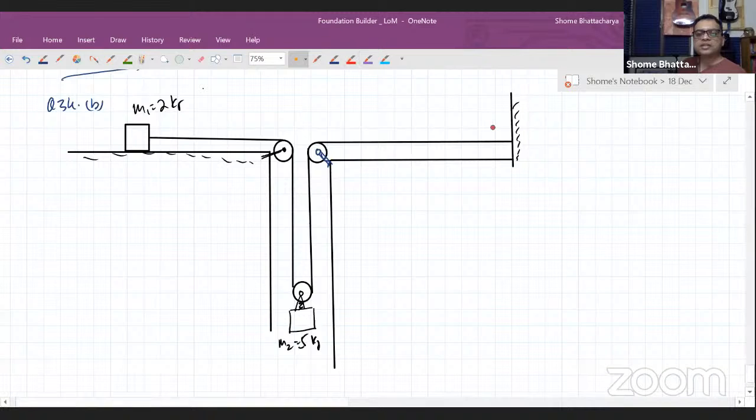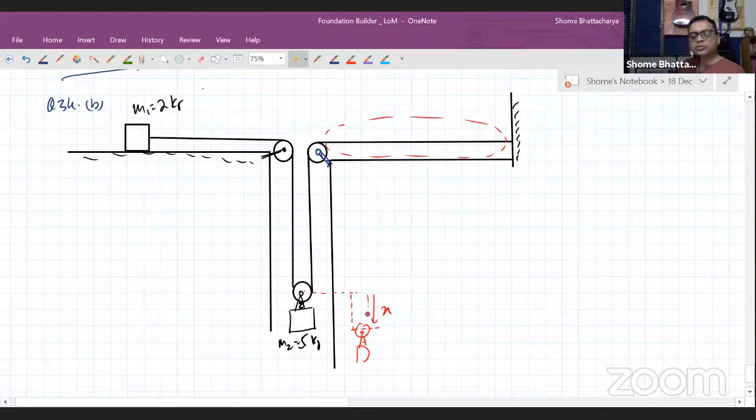Okay, so now the important thing is, again, this thread length is constant. This part is not changing with it. But if this block goes down from here to here, if this goes down by a distance x, how much thread length will it pull?